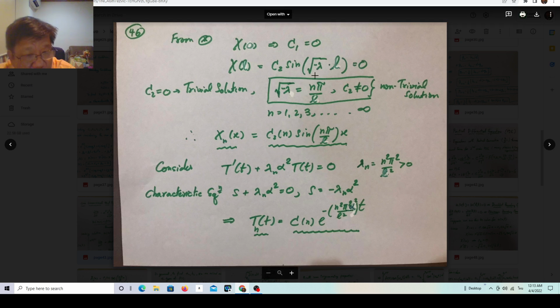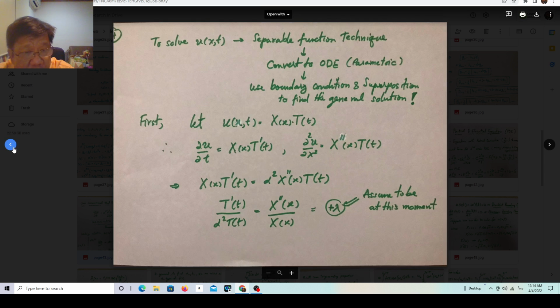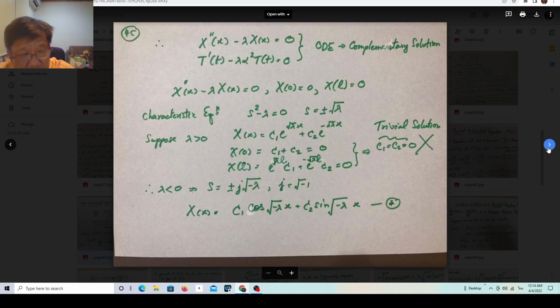So the resulting function X sub n has the additional parameter small n, and is equal to a constant value times sine of n pi divided by L times x. This is the first part of solving this using the separation of variables technique.